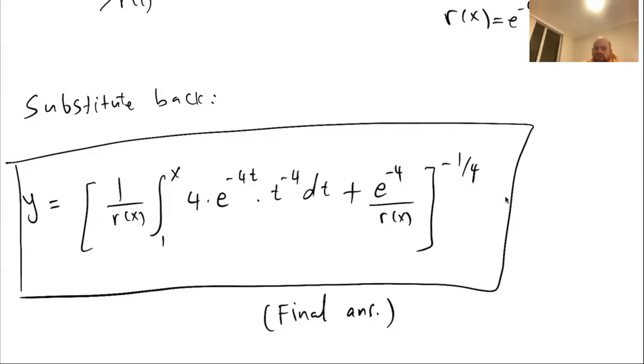Still that's okay. Now this area function is a function of x, and r of x is a function of x. So this whole expression, the right-hand side, is a function of x. So we wrote basically y as a function of x, which is what we were supposed to do. Of course, an area function is always an antiderivative.